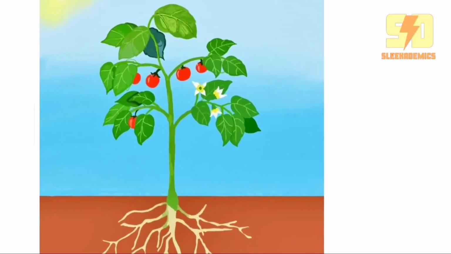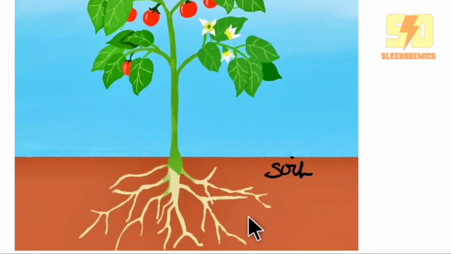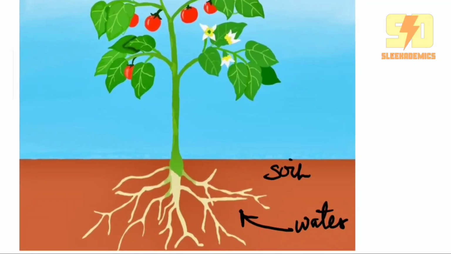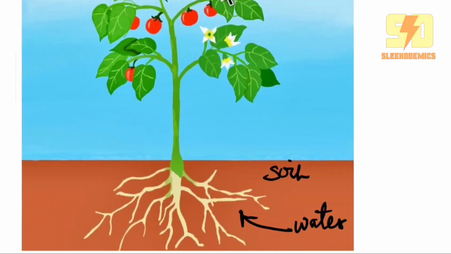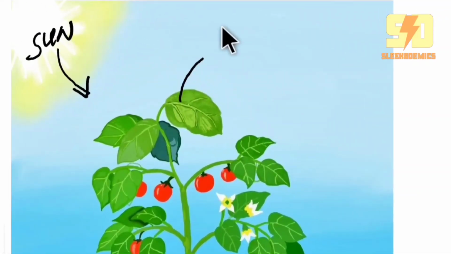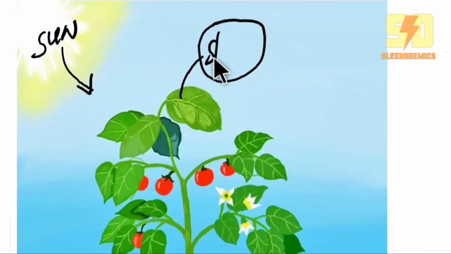Now, this diagram shows a plant that is doing so well. We have the sun's rays shining upon this plant, and then we have the roots deeply found inside the soil, and from here the roots can trap water. And then we have the leaves. On the leaves we have tiny pores, which are called stomata.